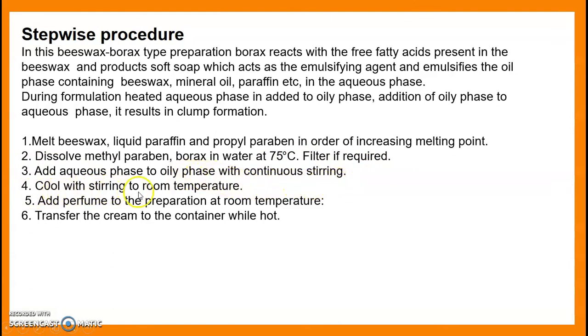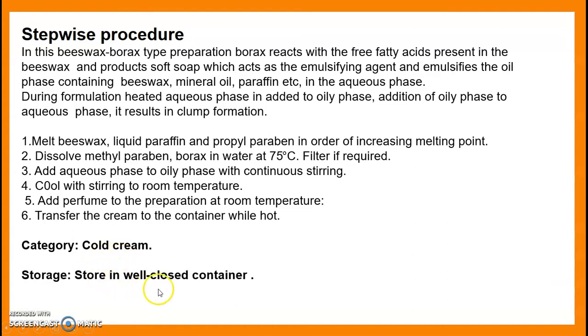Then cool with stirring to room temperature. After that, add perfume at room temperature and transfer the cream to a container while it is hot. The category is cold cream. Storage: it should be stored in a well closed container.